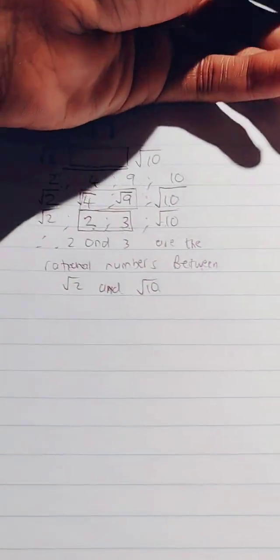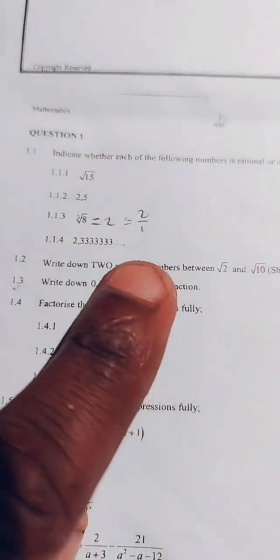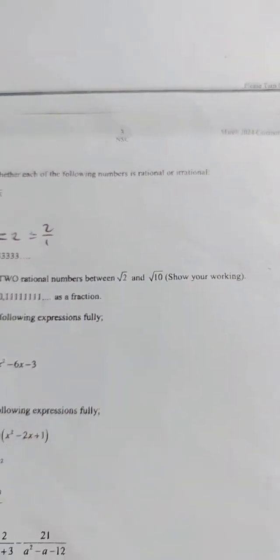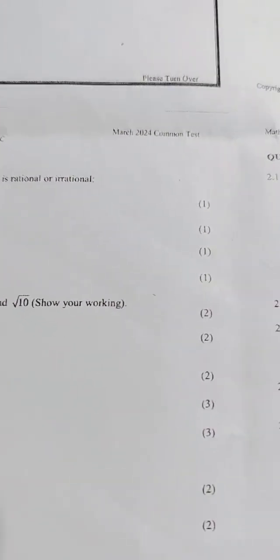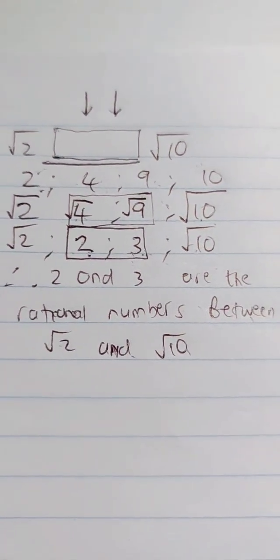All right, are we together here? Interesting question, just a very logical question that we are asked today. I want to look at the question again. Write down two rational numbers between the square root of 2 and the square root of 10. Show your working. And you can see, guys, I showed my working there very nicely.